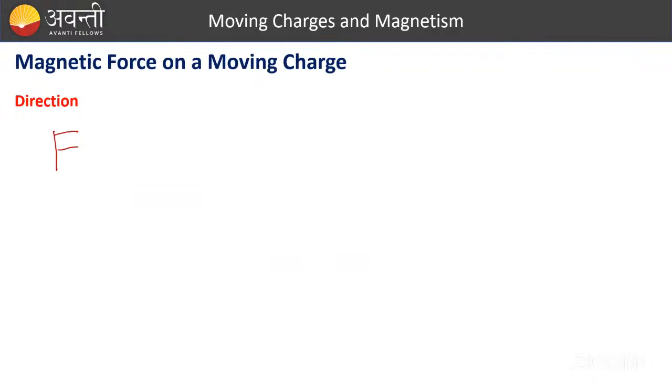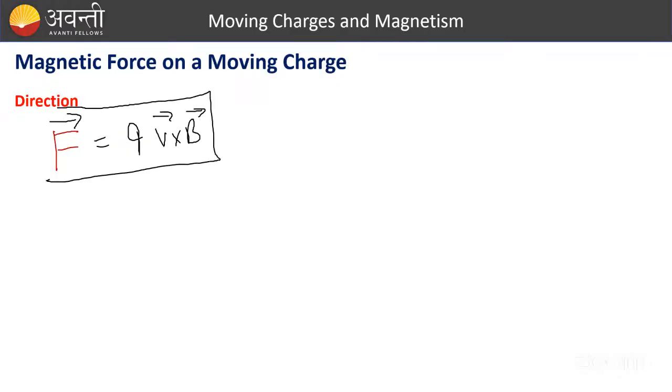Force is equal to q v cross B. That is the force acting on a charge moving in a magnetic field. So if a charge is moving in a magnetic field, force will act according to this formula. Now, since this is a force, force will have direction.